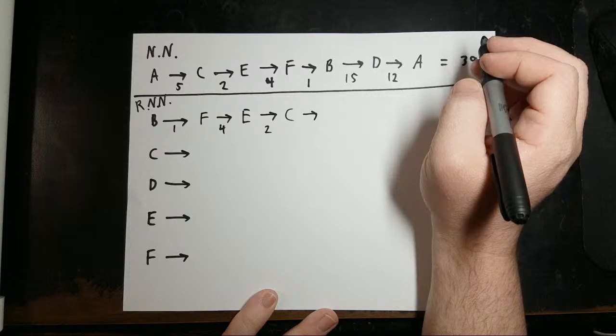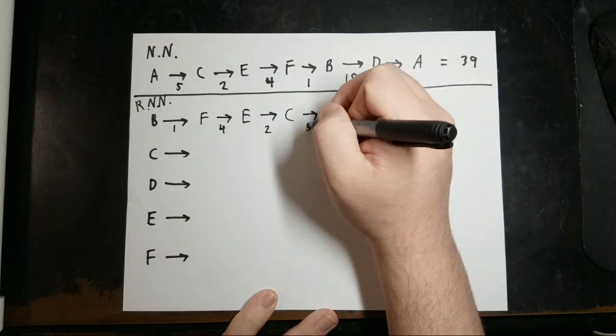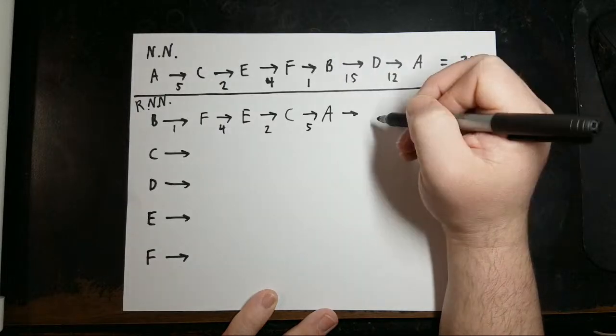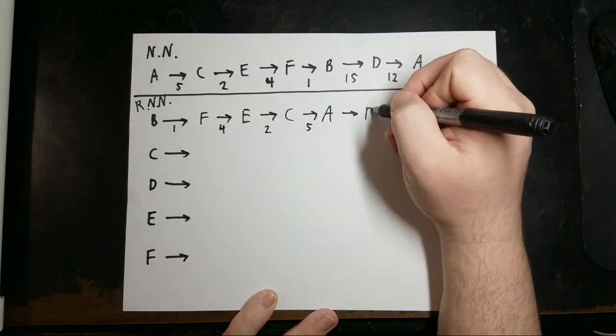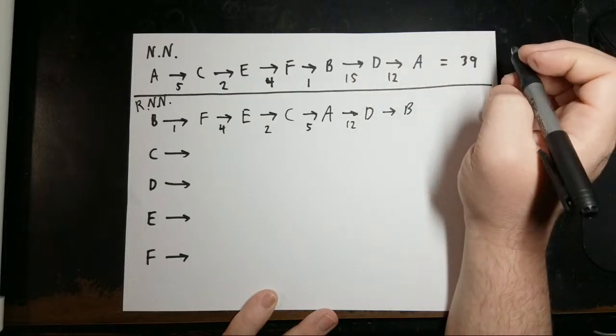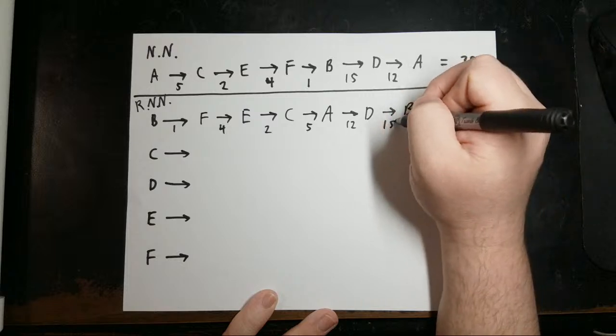I can't go back to F. I can't go back to B. I can go to A, which is worth 5. And then from A, I don't have a choice. I have to go D, which is 12. And then I have to go back to B, which is 15. That's terrible.